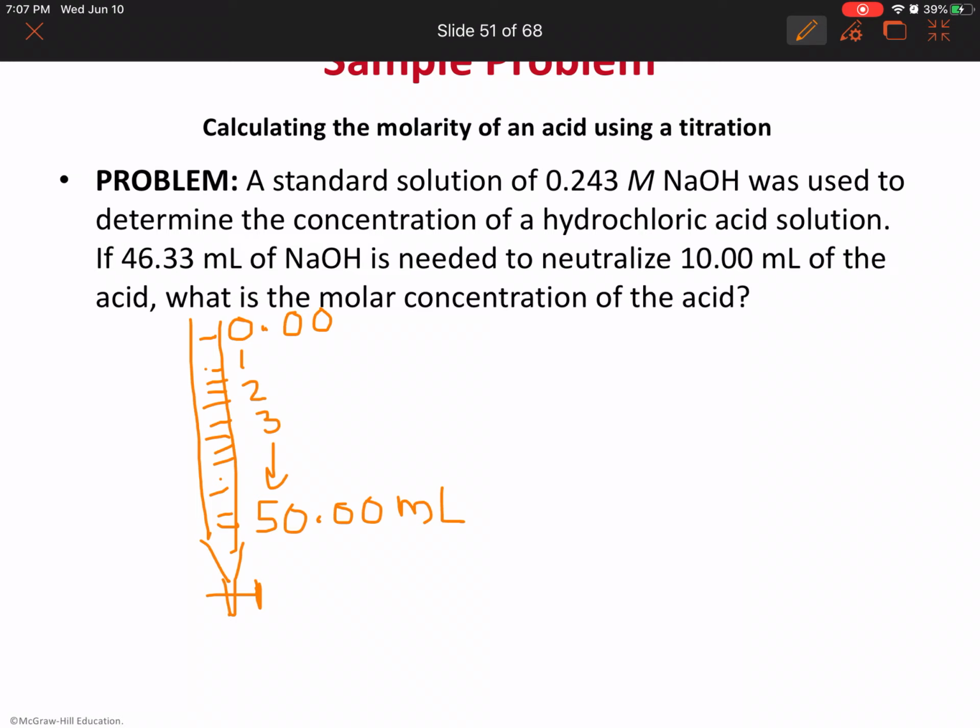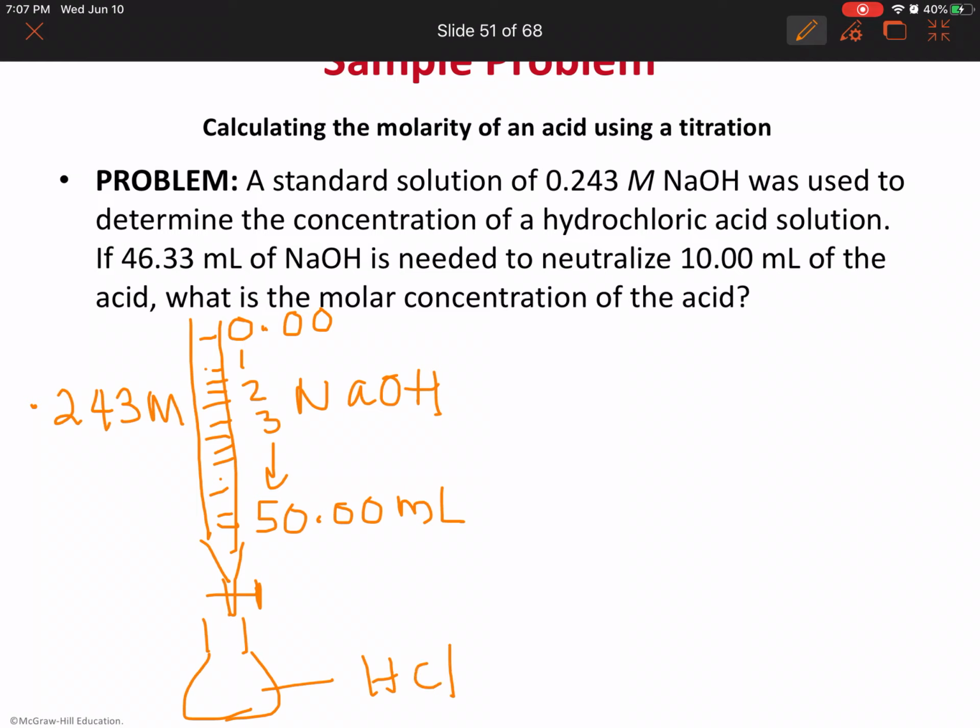Okay, and then you're going to have your flask there, and a standard solution of 0.243 molar sodium hydroxide is in the burette. Determine the concentration of hydrochloric acid, so HCl here.